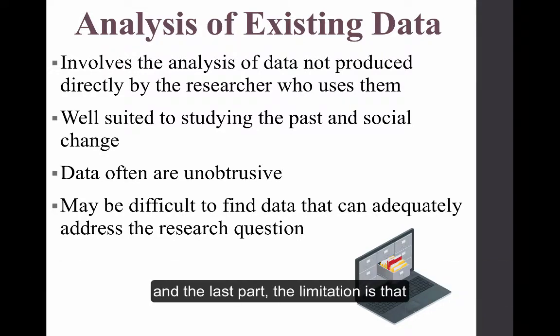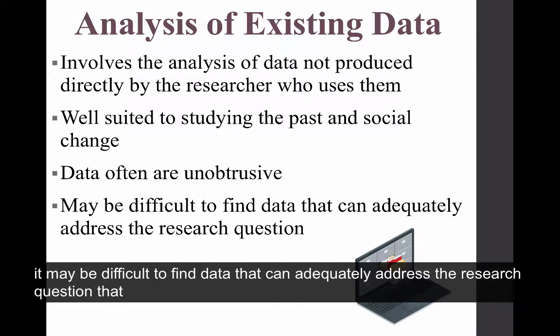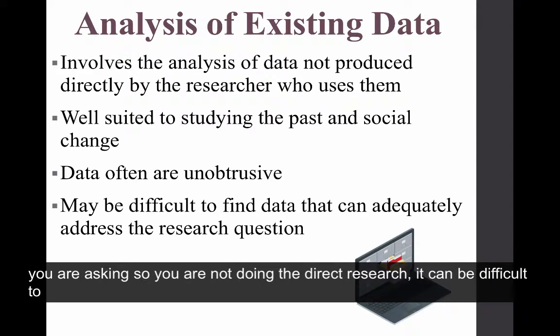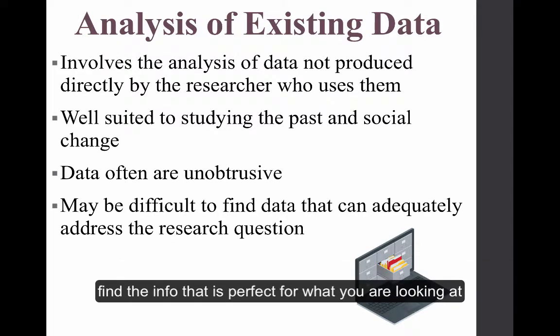And the last part, though, the limitation is that it may be difficult to find data that can adequately address the research question that you're asking. So you're not doing the direct research. It can be difficult to find the info that's perfect for what you're looking at.